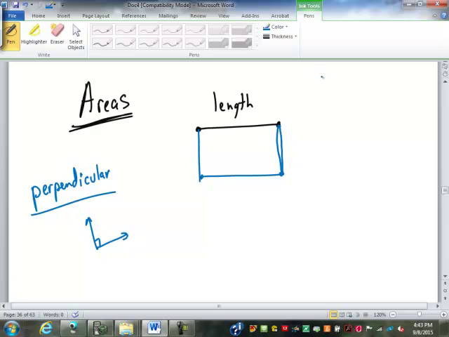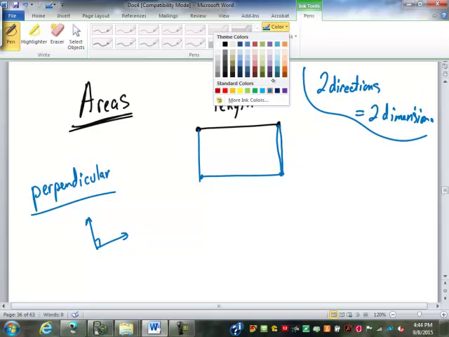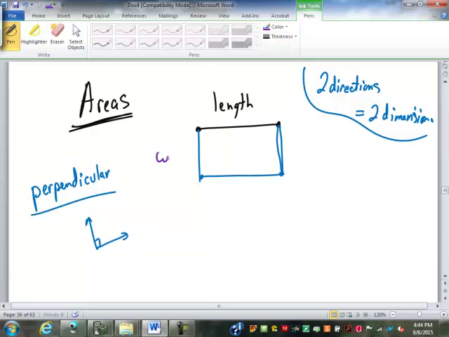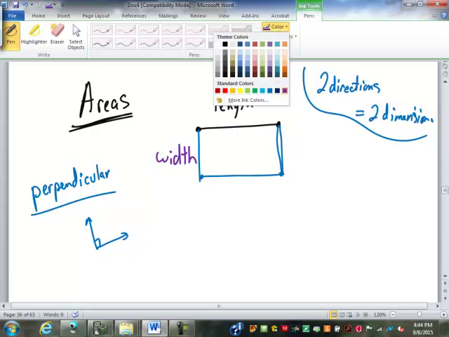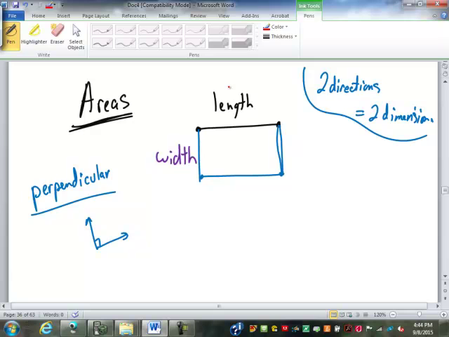This has now been pulled in 2 directions, so it now has 2 dimensions. As we saw in the perimeters, we now have not only a length, but we have a width. Along with that second dimension becomes a composite dimension called area.